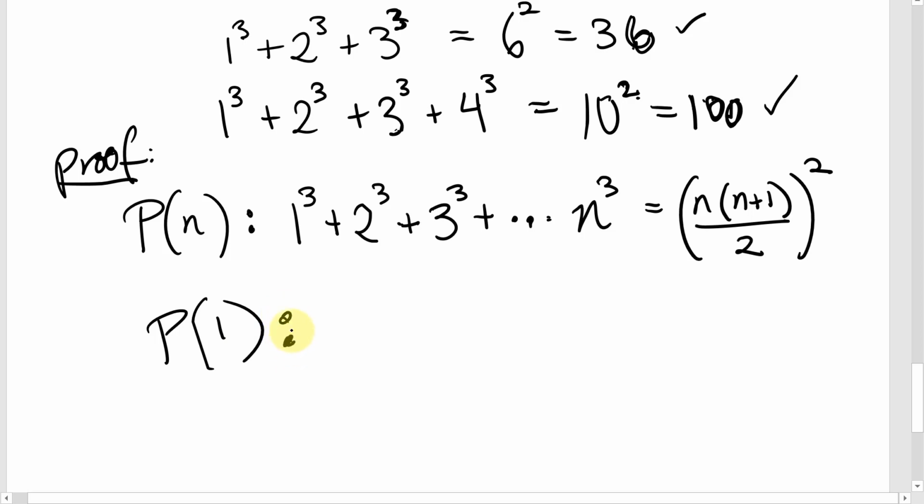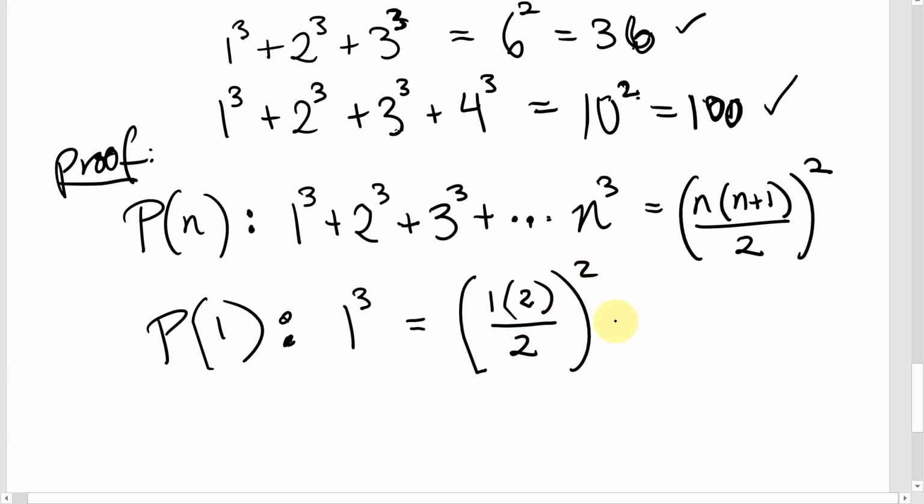If you take n to be 1, then you just get 1 cubed on the left hand side, and on the right hand side, if you plug in 1, you'd have 1 times 2 divided by 2 all squared, but of course that's 1 squared, which is 1, so the statement is true when n is 1.